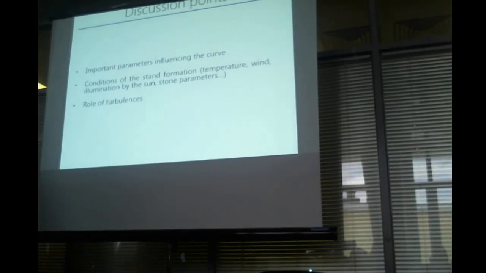Okay, and did you want to comment about the important parameters that influence the curve? For me, the wind is the most important parameter, which may accelerate the sublimation around the stone. But for me, there is also the effect of the sun, because the sun in that region is not so cloudy in that period, so the precipitation, for example, is very low.